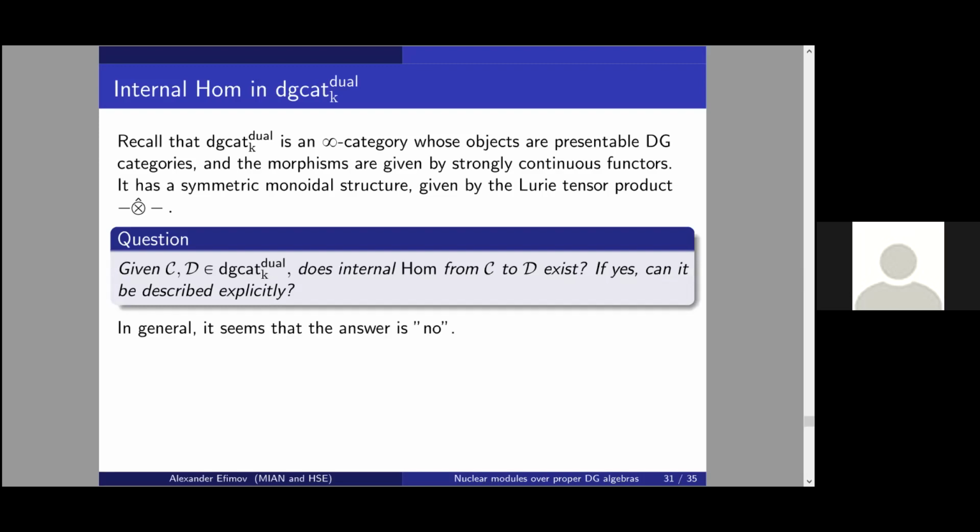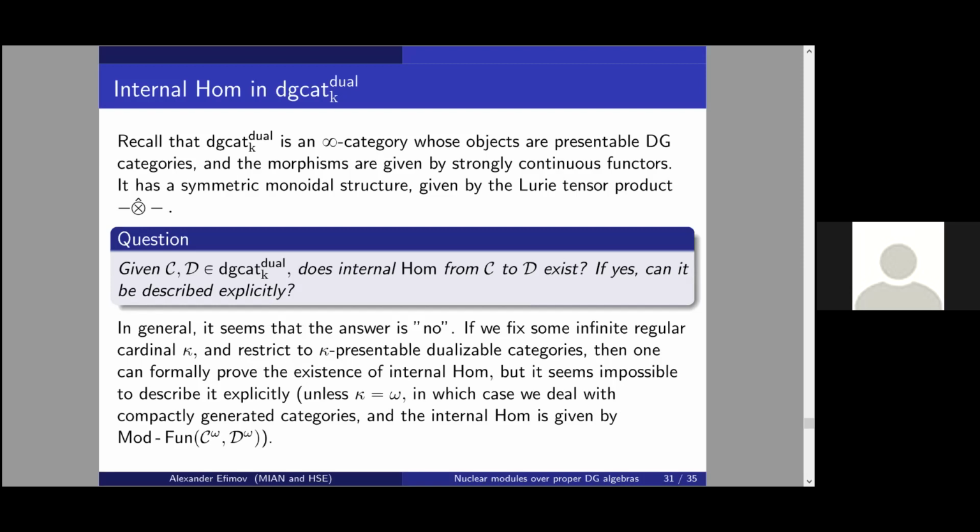In general, it seems that the answer is no, at least if you care about set theoretic issues. The point is that if you fix some infinite regular cardinal and restrict to kappa-presentable dualizable categories, then this existence can be proved by abstract reasoning, but it seems impossible to describe it explicitly.